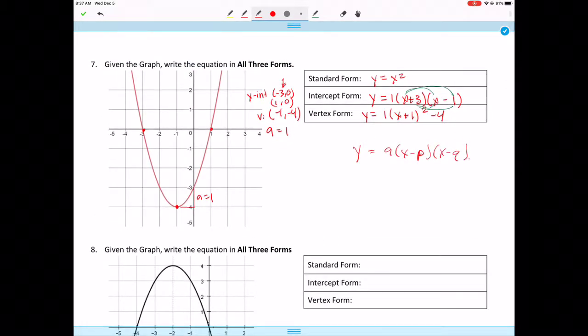So then we would have negative x plus 3x, so that gives us positive 2x, and then 3 times negative 1 is minus 3. Okay? So we got everything covered for that one.